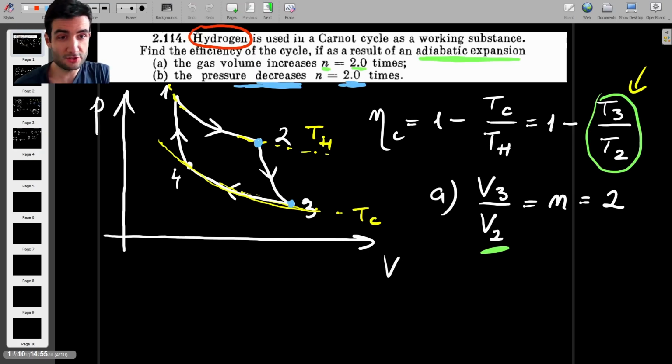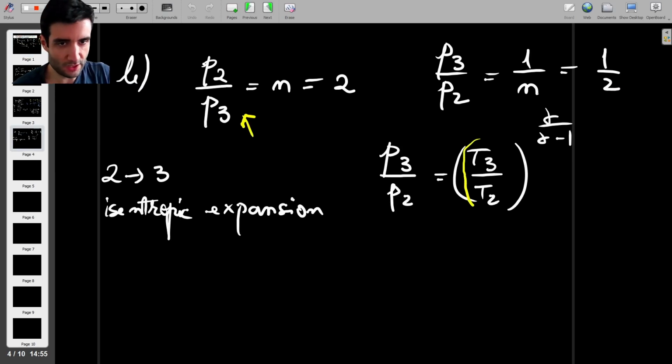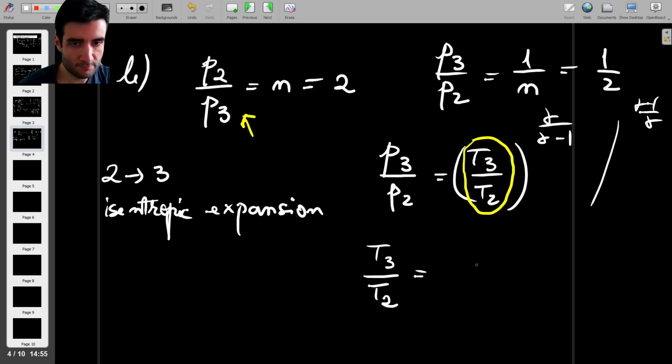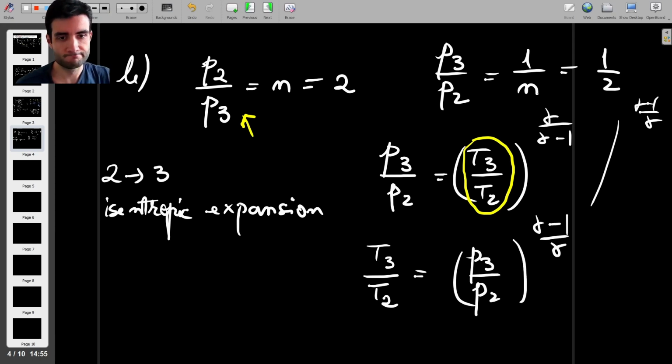But remember, we're actually trying to find T3 over T2, so we should extract this ratio from here. And to do that, we're going to raise everything to the power gamma minus 1 over gamma. So T3 over T2 is going to be equal to P3 over P2 to the power gamma minus 1 over gamma. And that should be it.